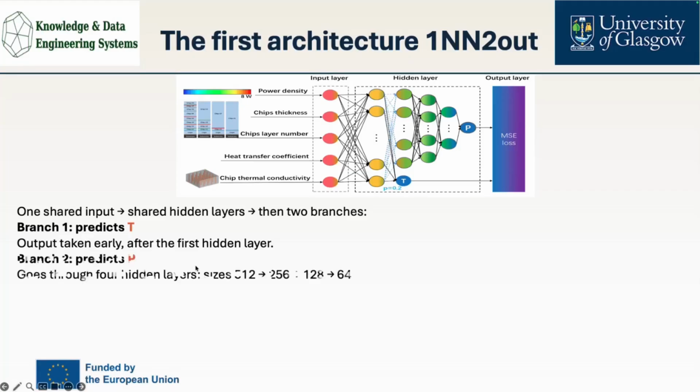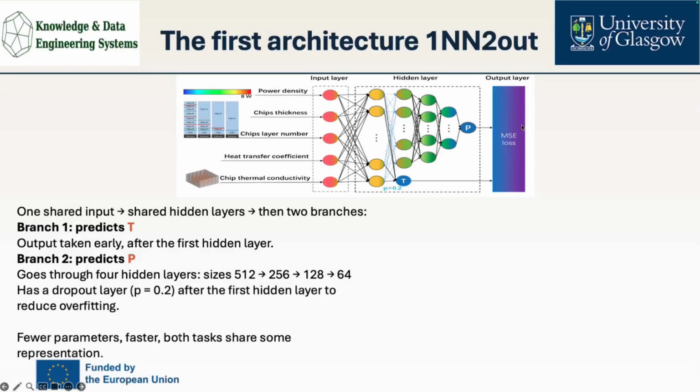And the second branch, which is the position, needs deeper training, so it will go through 4 layers, and both of them will go through the mean square error.